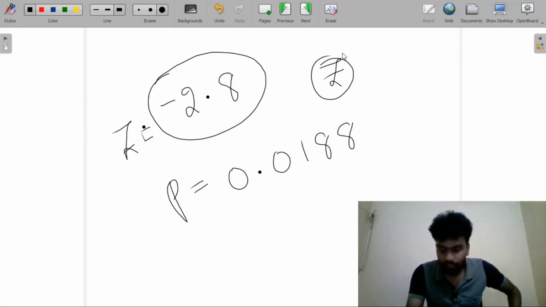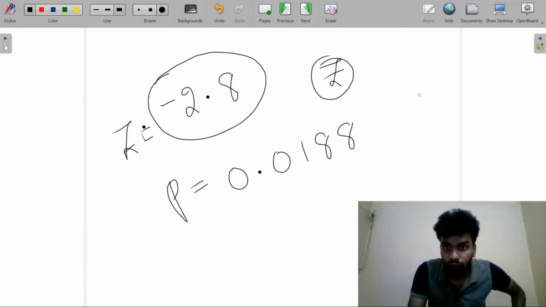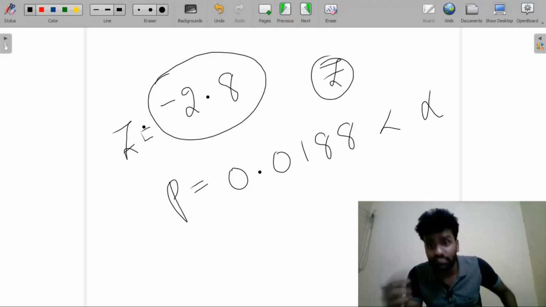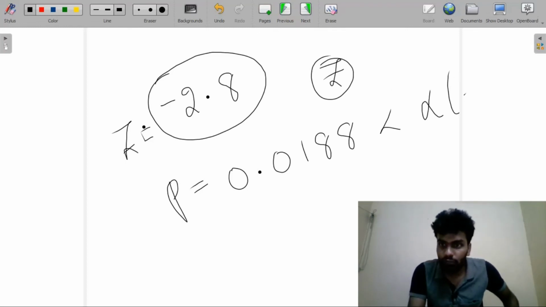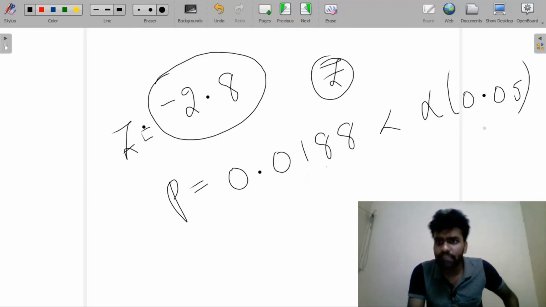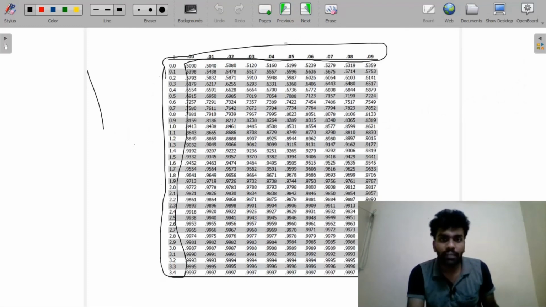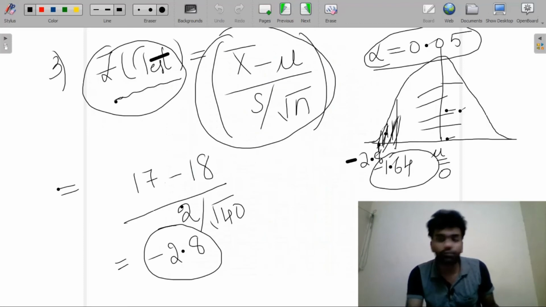Now what I said is, if the p value is less than alpha, we will reject the null hypothesis. You can see alpha is equal to 0.05. So 0.0188 is less than 0.05, right? This is true, so we reject the null hypothesis. So what I'm saying here is, we can do either of the two methods.